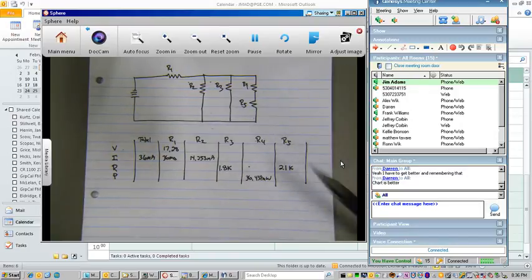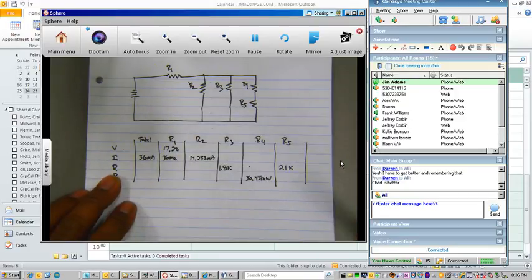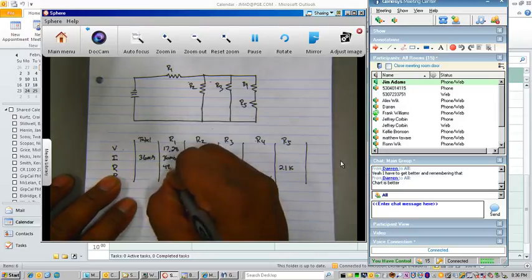So let me see. Did I give us enough information? We don't know that. Okay. Let's figure out the resistance of R1. It'll be 17.28 divided by 36 milliamps.